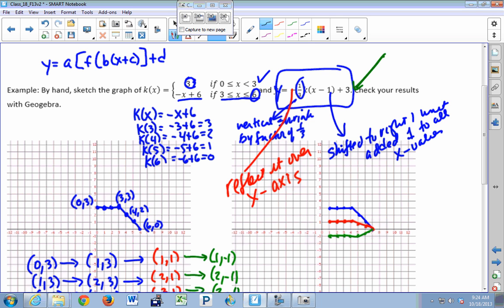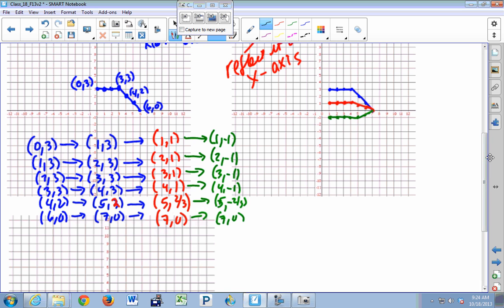Black. Let's try black. So finally, I have a 3 added outside to all my y values. I have to add 3 to all my y values, which means I do a vertical shift up 3 units. So I take every single one of these y values and add 3 to it. That's my final transformation.